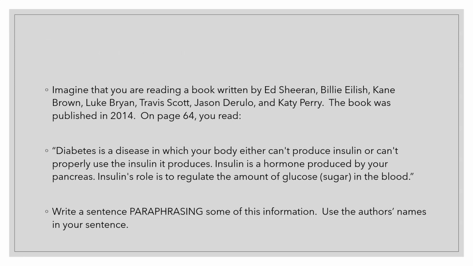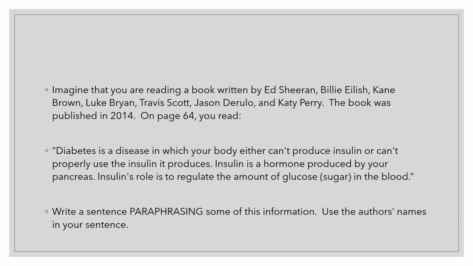Here's our next example. Imagine that you're reading a book written by Ed Sheeran, Billie Eilish, Kane Brown, Luke Bryan, Travis Scott, Jason Derulo, and Katy Perry. The book was published in 2014. On page 64, you read, quote, "Diabetes is a disease in which your body either can't produce insulin or can't properly use the insulin it produces.